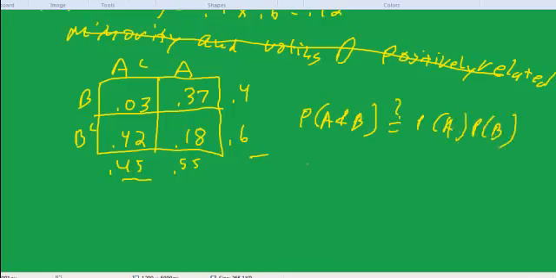And we have A and B is 0.37 versus 0.4 times 0.55, which is, I think, 0.22, something like that. So it's definitely greater, and we would say that the two events are positively related. So if we do this correctly, we don't assume independence, we can find out that they're positively related.